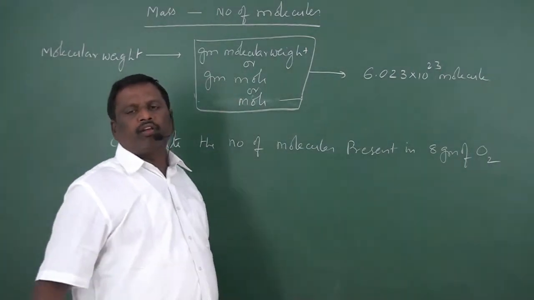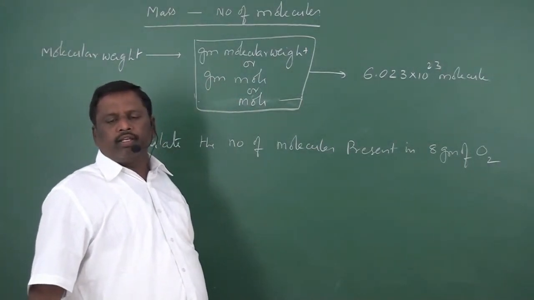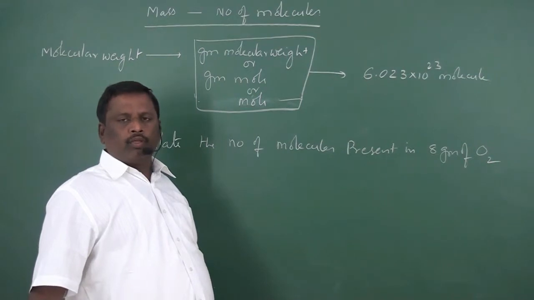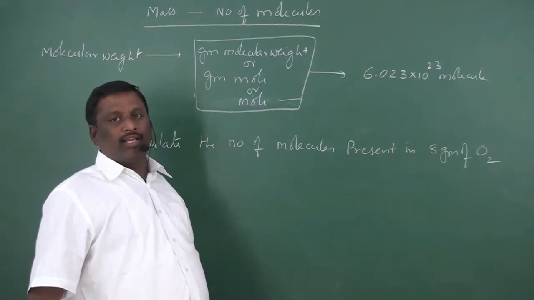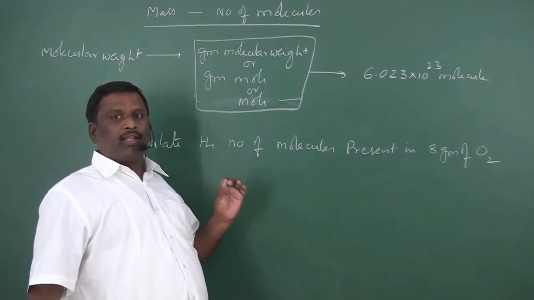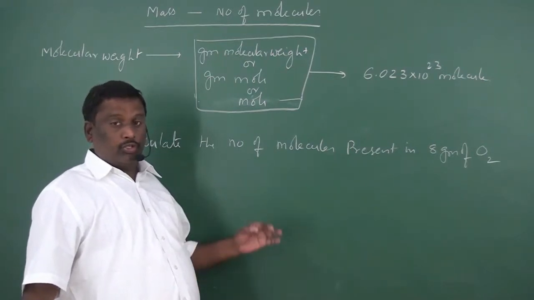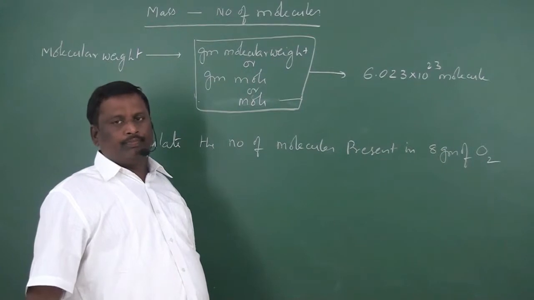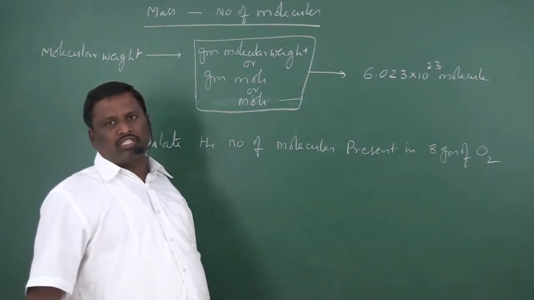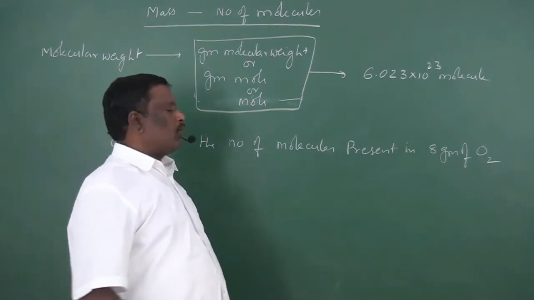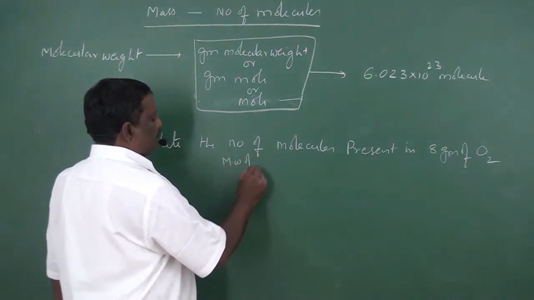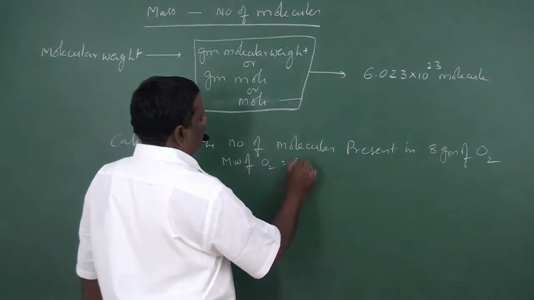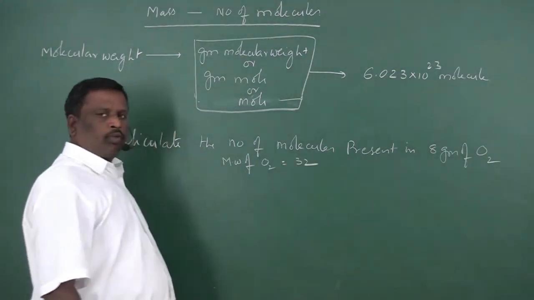In any problem, we already know that to calculate the number of molecules, we should know the molecular weight of the substance. Here the substance is oxygen. So oxygen molecular weight is 32. Molecular weight of O2 is 32.